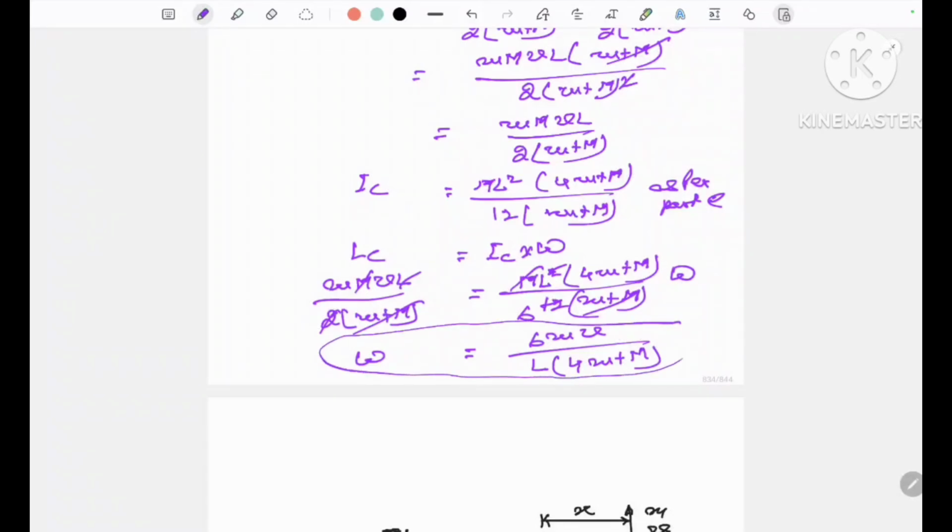This will be the angular speed, 6 m v upon L (4m plus M).